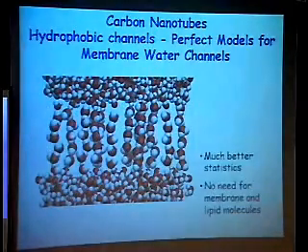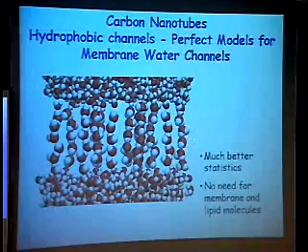So therefore, water is completely free to form any configuration that it prefers. And because there is nothing forcing water to any other configuration, in single files formed inside the nanotube, you always have this polar or polarized orientation of water molecules.